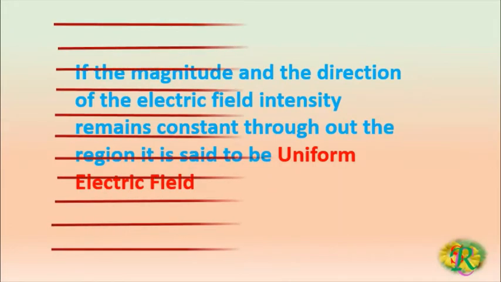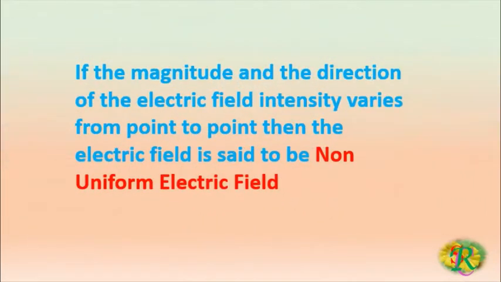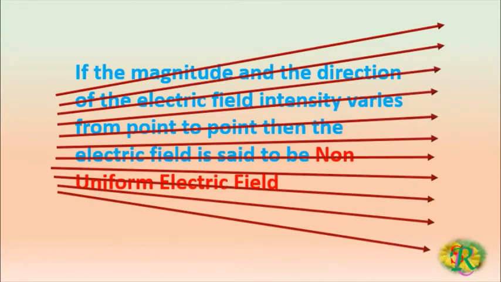If the magnitude and direction of the electric field intensity remains constant throughout the region, it is said to be uniform electric field. If the magnitude and direction of the electric field intensity varies from point to point, then the electric field is said to be non-uniform electric field.